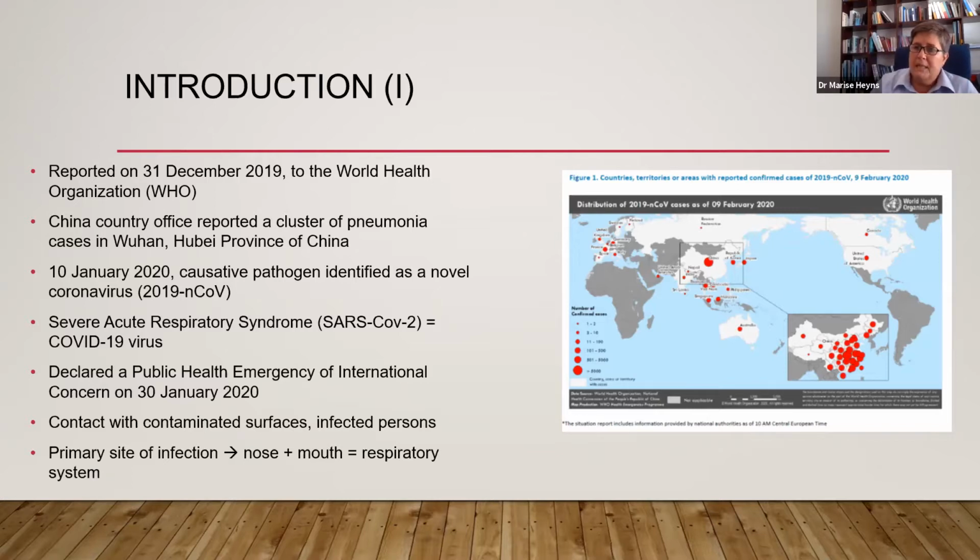And it was clear that people were infected when they come in contact with infected people or with contaminated surfaces. And the primary site of infection was the nose and mouth. But now later on, we know it's basically the eyes, nose and mouth, so all of those areas that are lined with mucus, with a mucous membrane.